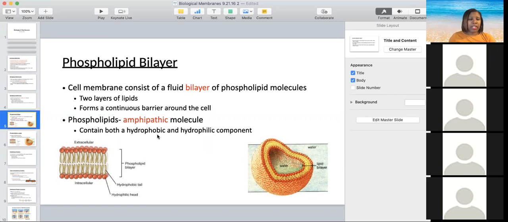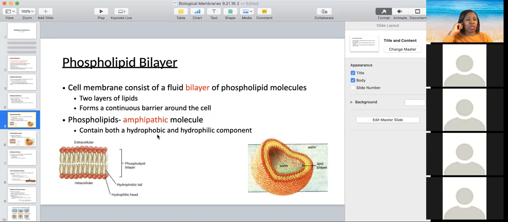All right, let's look at the phospholipid molecule. This is a very special type of molecule, and it has properties that we refer to as being amphipathic. Okay, phospholipids are said to be amphipathic. These amphipathic molecules basically contain both a hydrophobic and a hydrophilic portion.